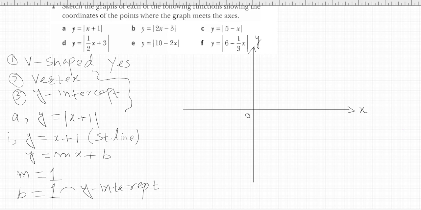So I assign this point as 1. If I take 2 squares above 1, then 2 squares below 1, this is minus 1. Similarly, this is 1.